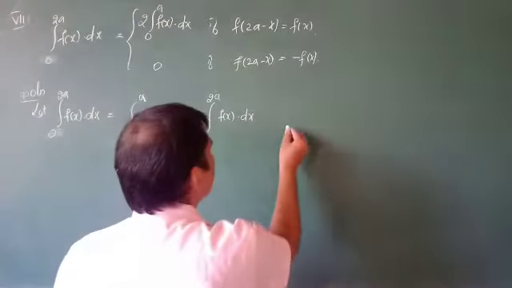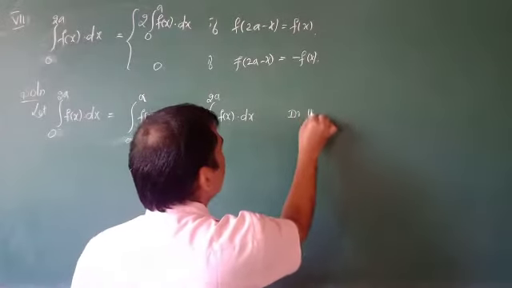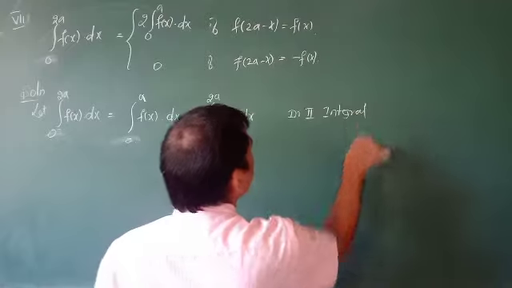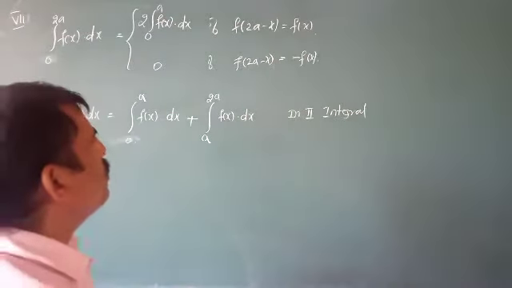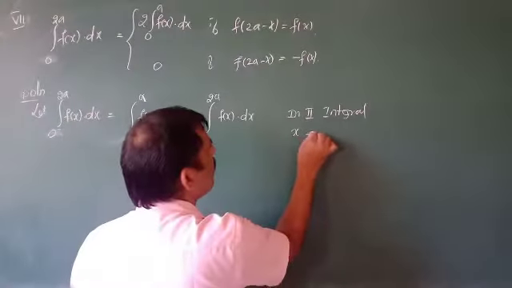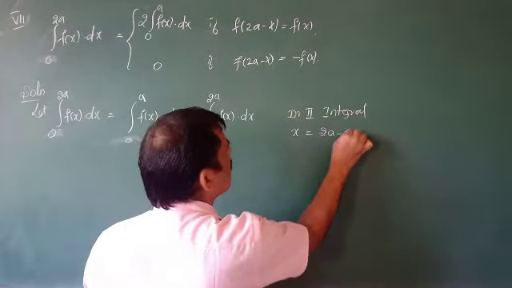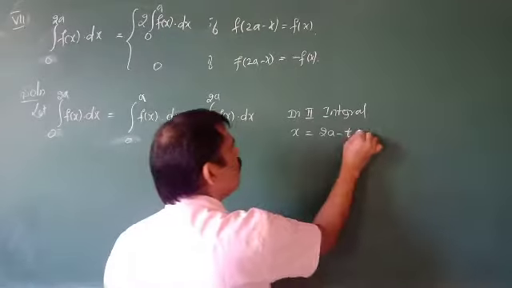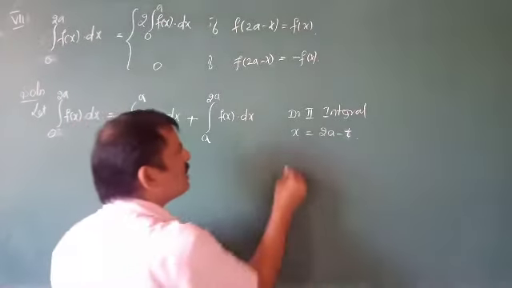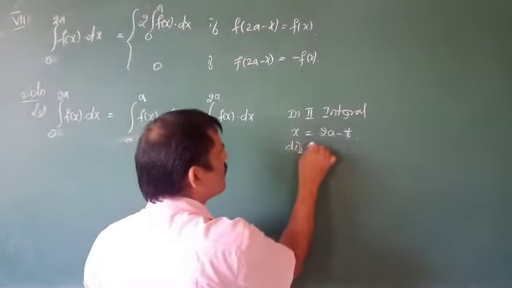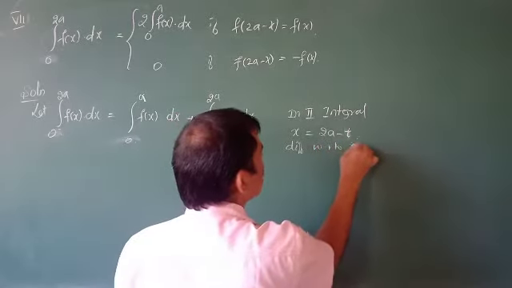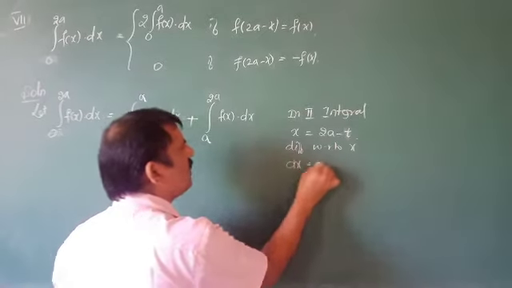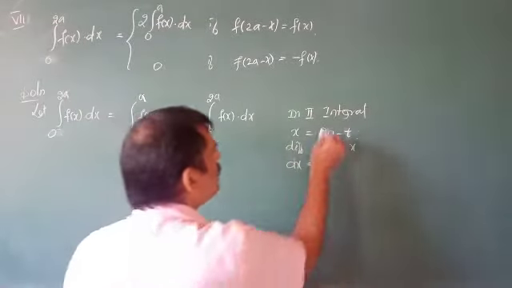Now in the second integral, in the first integral we used the substitution, here in the second integral I am replacing x with 2a minus t. So 2a minus t. Differentiating with respect to x, dx is equal to minus dt, since 2a is a constant.